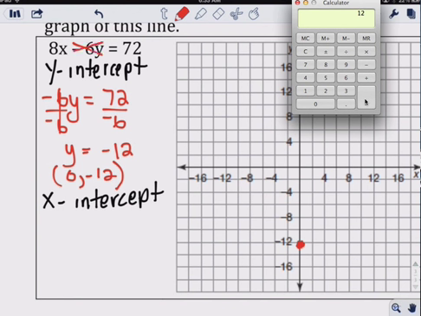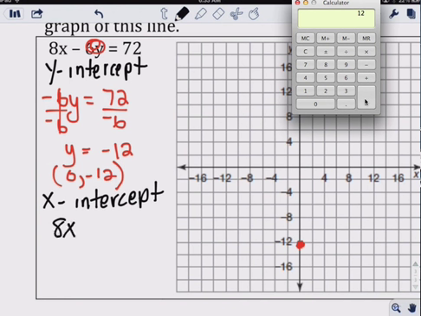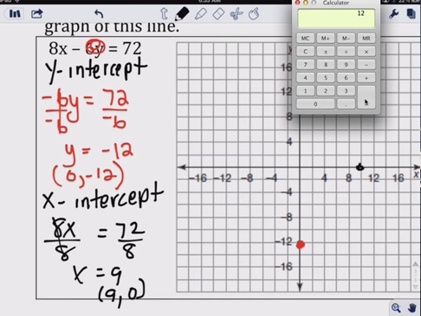So that's because it's 0, 0 times 6 is 0. Negative 8x minus 0 is just 8x equals 72. Divide by 8. X is 9, so it's (9, 0). 9, 0 is here. X-intercept crosses the x-axis. We draw a line. That line crosses the x-axis here and the y-axis here. So without these dots, you can see clearly.